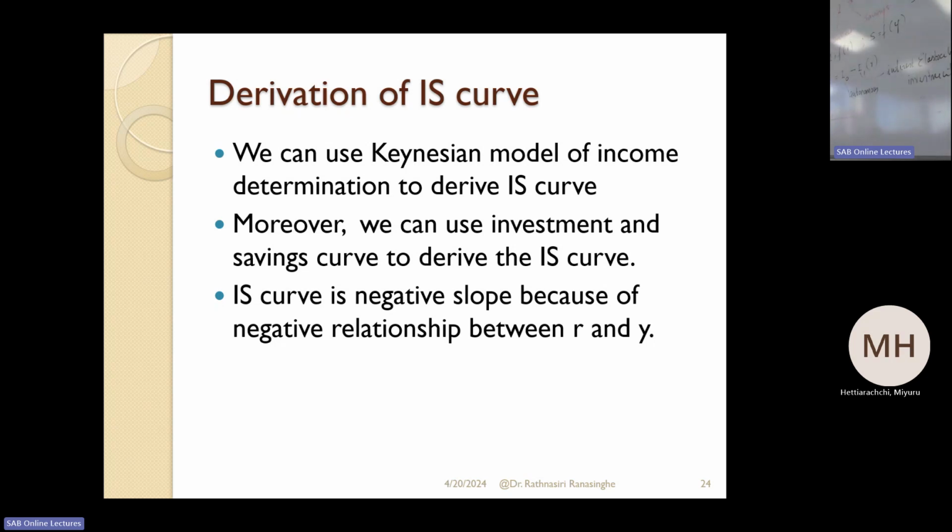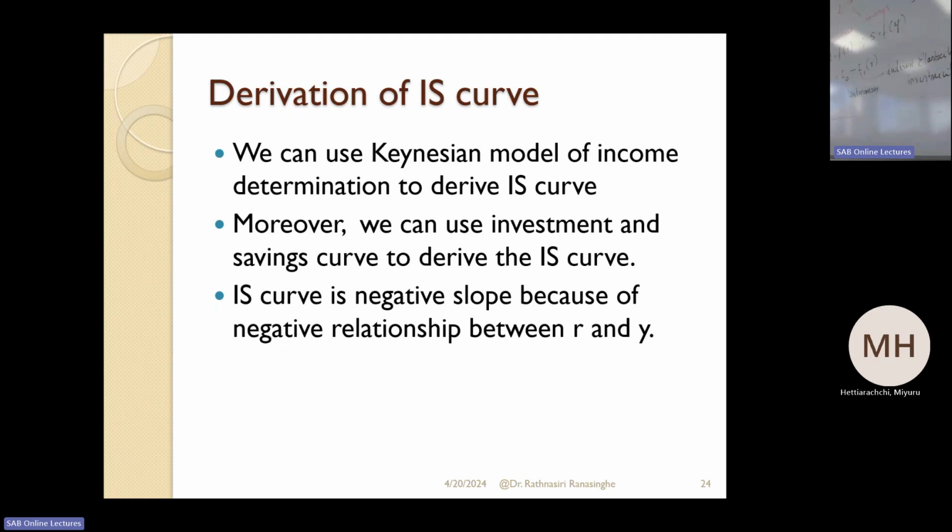It is a building block of the Keynesian model, a further extension of the Keynesian model to represent the interaction between the real and money sectors. So the IS curve represents the negative slope between the interest rate and income. So that represents the real sector.